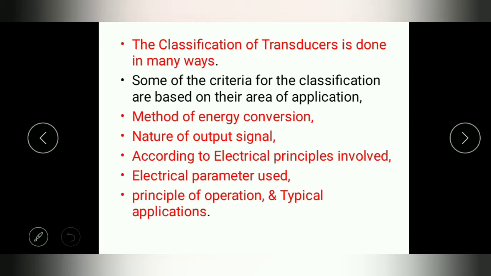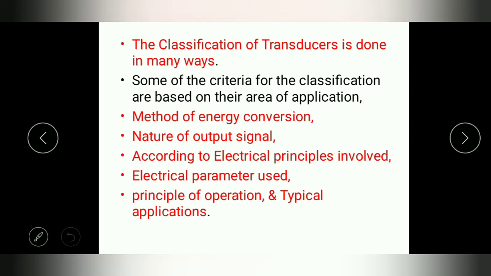Based upon the area of application, we can classify the transducers, like the method of energy conversion, the nature of output signal we obtain, then according to the electrical principles involved, whether it is based on some effects like the piezoelectric effect, the Seebeck effect, or the Peltier effect. So depending upon the electrical principles involved in converting the input or the detected signal, we can classify the transducers. Then the electrical parameter used.